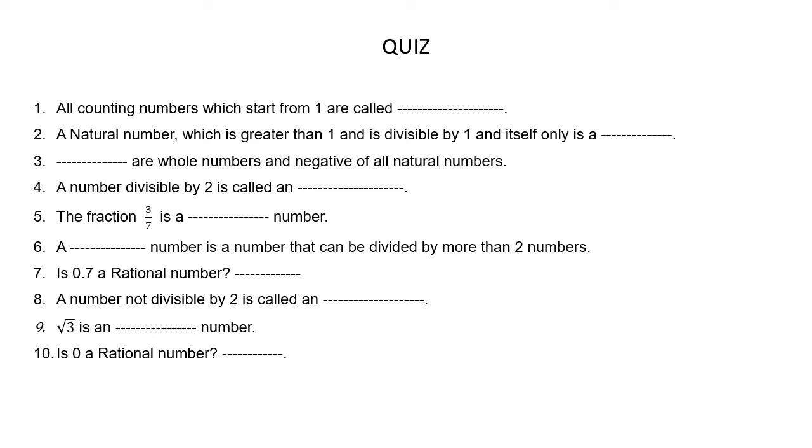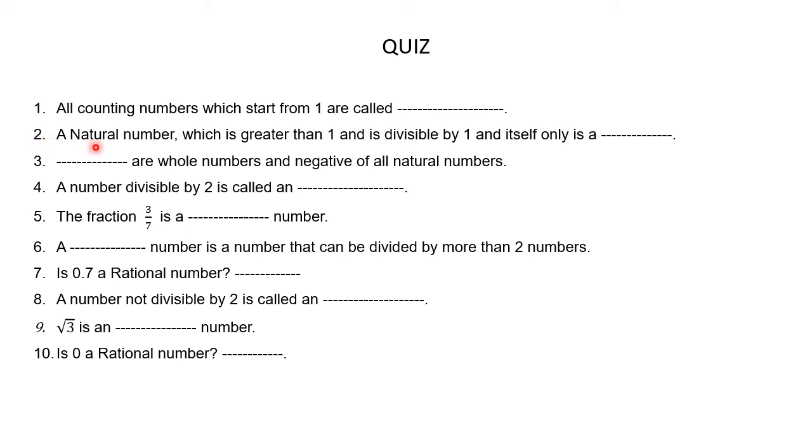Question number 1. All counting numbers which start from 1 are called what? Did you get the answer for this? The answer is natural numbers. All counting numbers which start from 1 are called natural numbers.